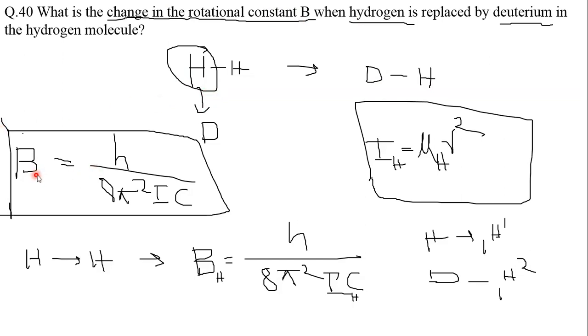And we know the expression for rotational constant is h by 8 pi square Ic, where I is the moment of inertia and moment of inertia is given by effective mass into distance square.